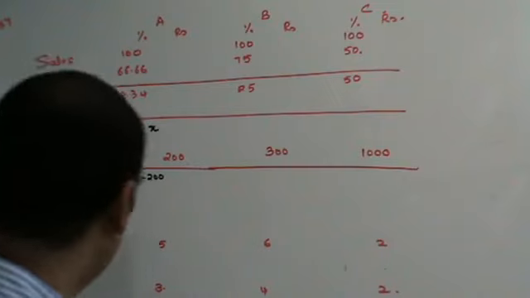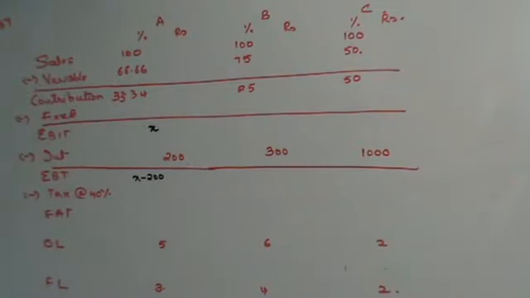Now, we know, guys, working note 1, that financial leverage is EBIT upon EBT. Financial leverage for plan A is given to you as 3.